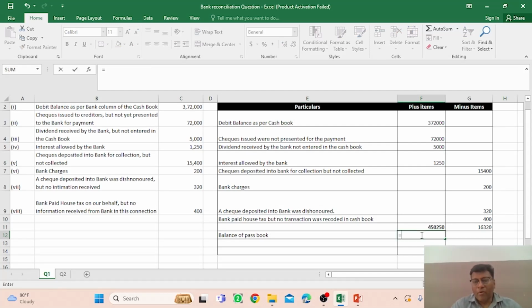We just apply the formula in Excel because we are having the facility right now, otherwise manually you can solve it. This is the amount and minus this one, and you find this particular amount. You have to check whether it is correct or not.